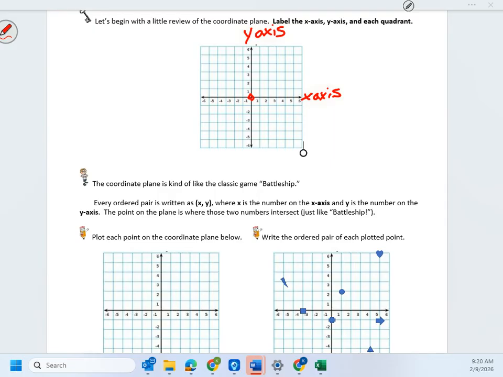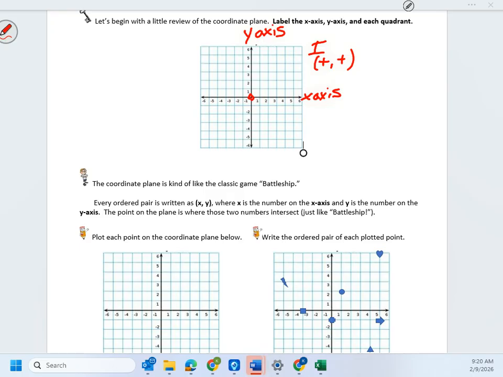So there are 4 squares on this coordinate plane. This upper right one, we call it the 1. All of the X and all of the Y in this section are going to be positive numbers. So if you see your 2 ordered pairs are both positive, you know you should end up in that quadrant.